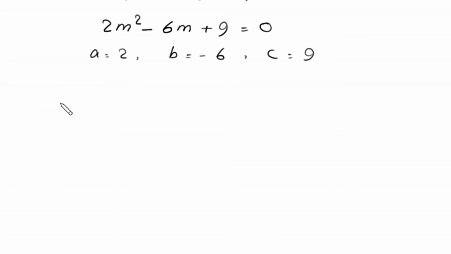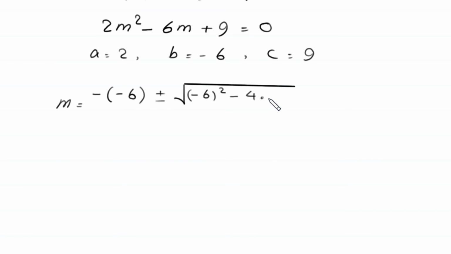And according to quadratic formula, m is equal to negative b, negative 6, plus or minus square root of, in place of b squared we write (-6)^2 minus 4 times, in place of a we write 2, times, in place of c we write 9, divided by 2 times, in place of a we write 2.